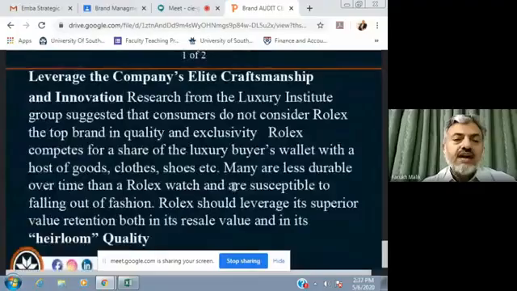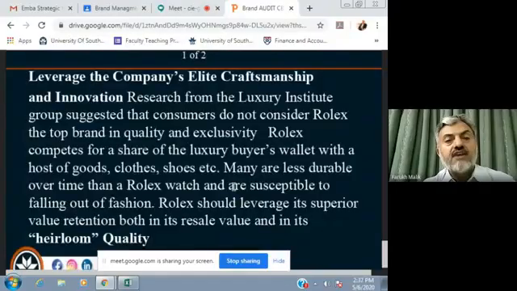So as a chief brand officer, you have to leverage the company's elite craftsmanship. Craftsmanship is how they make that watch, and they have expertise in making that watch so precise and so accurate, and it lasts for such a long time, does not create any problems because of the materials used in that watch and the craftsmanship.